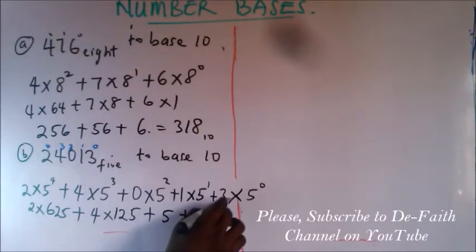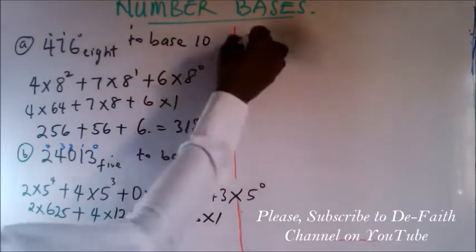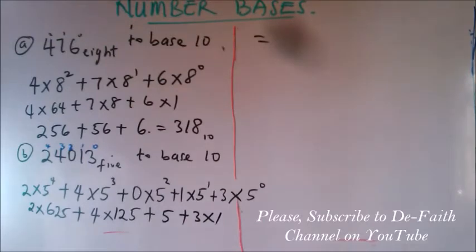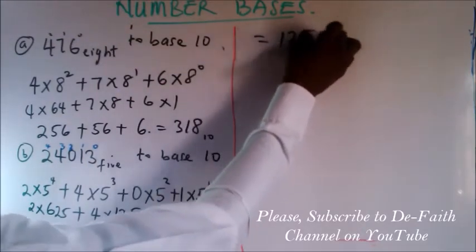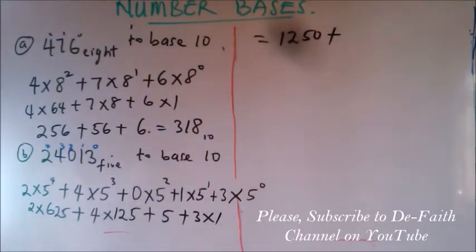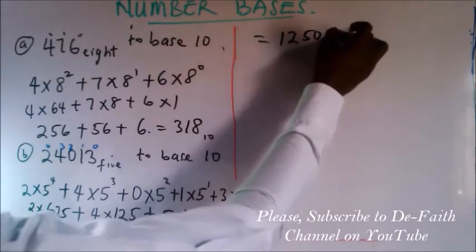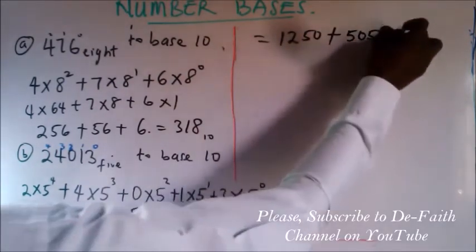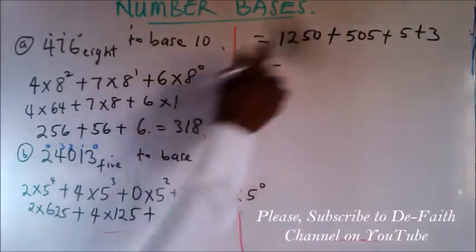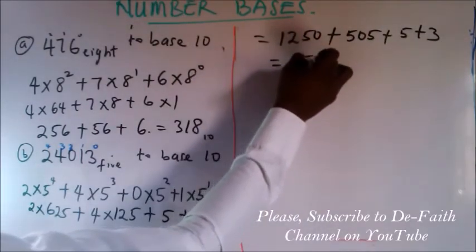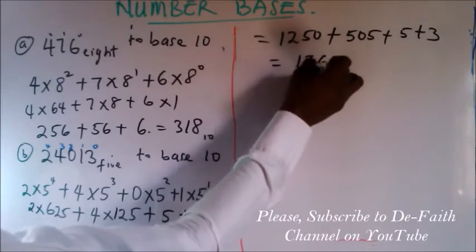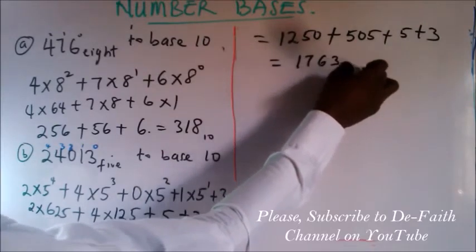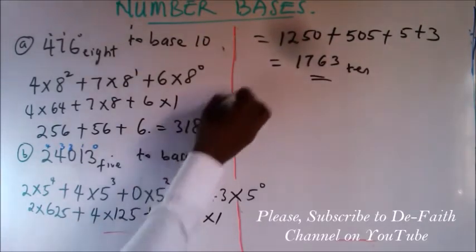So 3 times 1. So 2 times 625, that's 1250, plus 4 times 125, that gives 500, plus 5 plus 3. When we add it together, we shall get 1763, all in base 10, as our final answer.